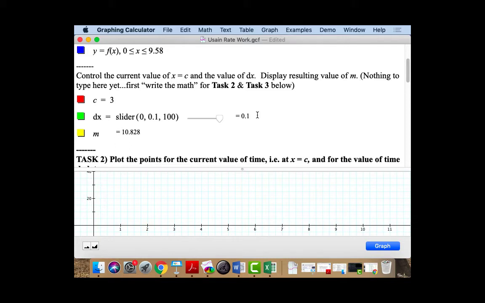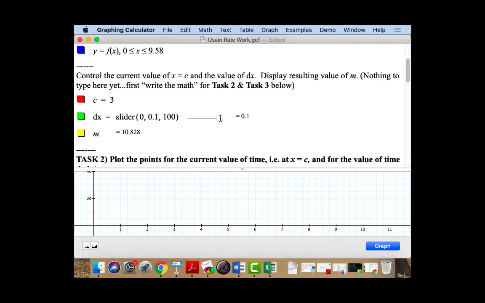So if you were actually running at a constant speed of 10.828 meters per second for 1/10 of a second, starting at time 3, he would have traveled just as far as if he followed that f of x function and compared the values f of 3.1 and f of 3. That change in distance would be equivalent to traveling at this constant speed for a tenth of a second, which would mean he went 1.0828 meters, because 10.828 meters per second for a tenth of a second, m dx tells you his distance traveled.